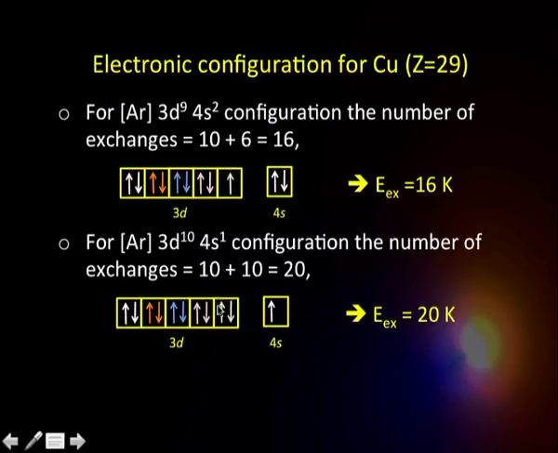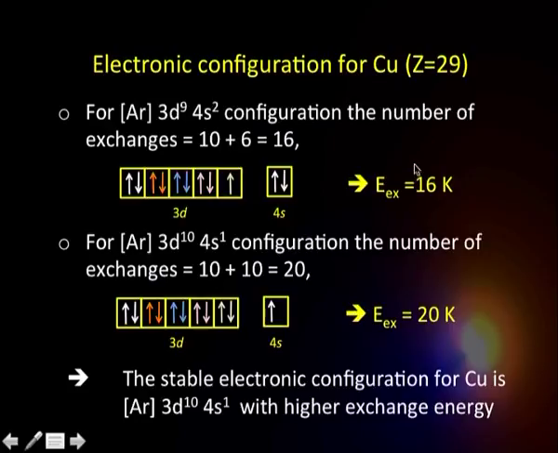For the down spins, since there are again 5, they give me 10 possibilities. So the total will be 20 exchanges, and the exchange energy will be equal to 20K. Since the exchange energy for this configuration is more than that of the other, the stable electronic configuration of copper happens to be 3d10 4s1 because of the higher exchange energy.